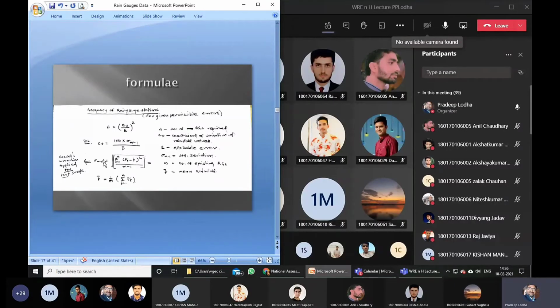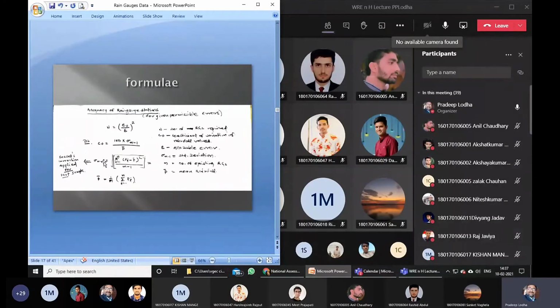Because the standard deviation represents the dispersion in the data. If the rain gauge stations are giving dispersed values, one is showing you 500, second is 800, fourth is 1200 mm of rainfall.